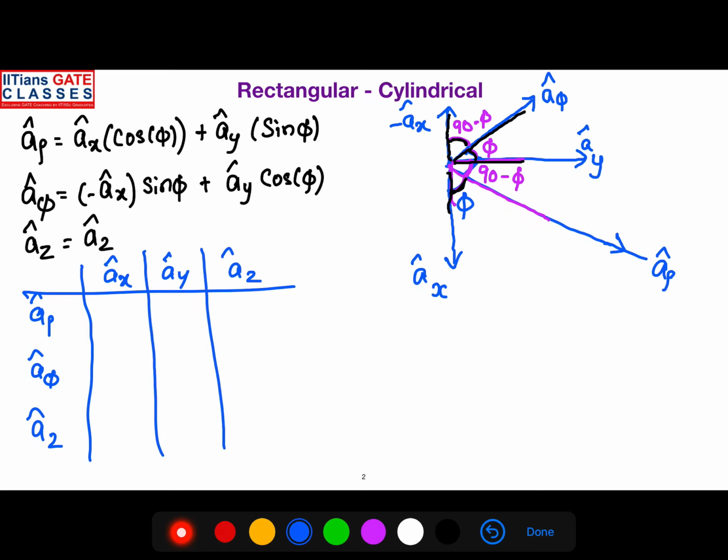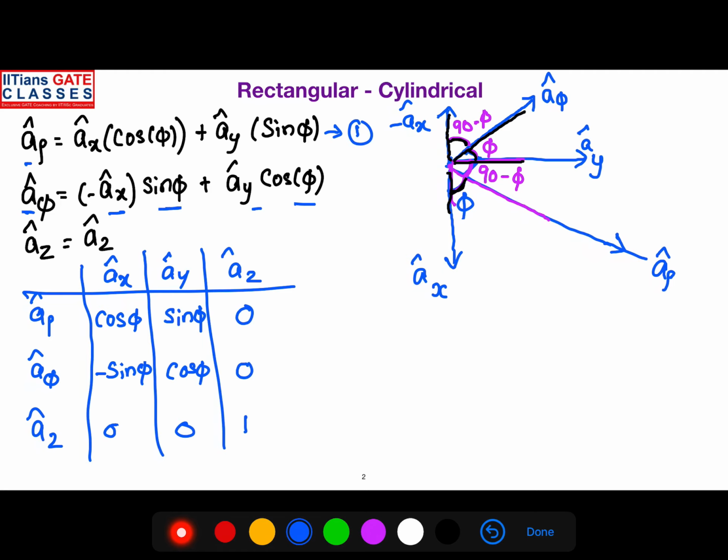You can see here a rho is ax into cos phi plus ay into sin phi. So there is a factor of cos phi here, and this will be sin phi, and there is no az coefficient. Similarly a phi is nothing but minus ax into sin phi plus ay into cos phi. So the ax coefficient will be minus sin phi, the ay coefficient will be cos phi, and there is no z coefficient here, right? And az cap, as usual, has no x component or y component, only the z component.